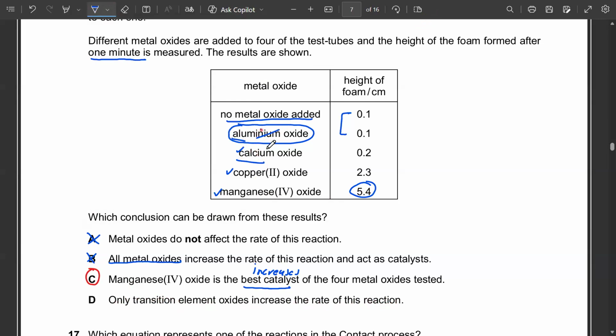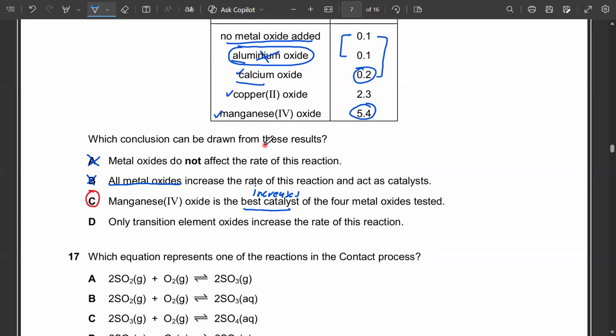Aluminium is already not included in the list, but calcium is not a transition element. Even then, it is increasing the rate of the reaction, because there is a difference between no metal oxide and calcium oxide. So we cannot say it is only the transition elements. In fact, these different oxides have different effects on the rate of the reaction.